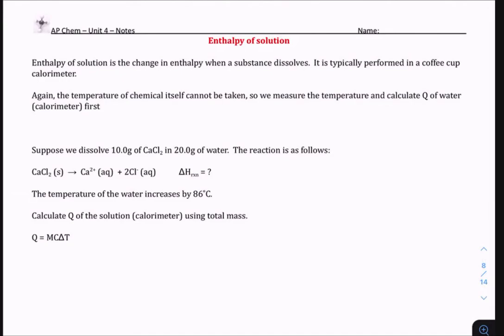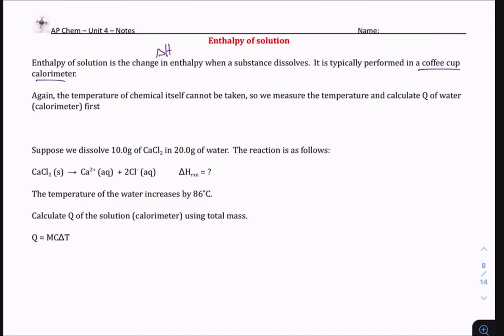So, the enthalpy of solution is simply the change in enthalpy, delta H, when a substance dissolves. It's typically performed in a coffee cup calorimeter. And coffee cup calorimeter means like a styrofoam cup one, like the ones we have. You know how they're styrofoam and there's like literally a coffee cup in there? Okay, that's all it means.